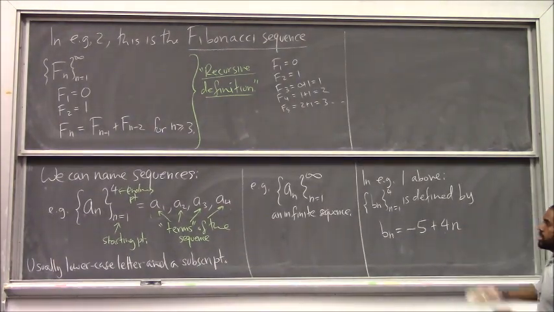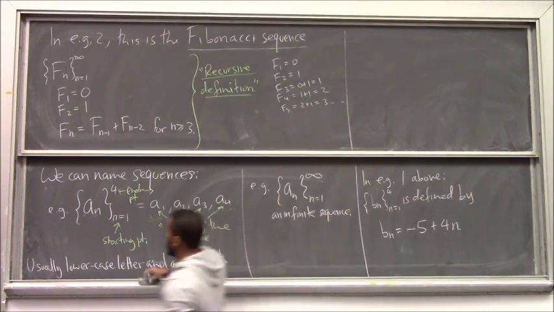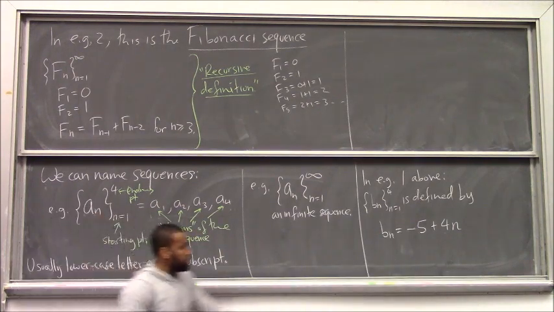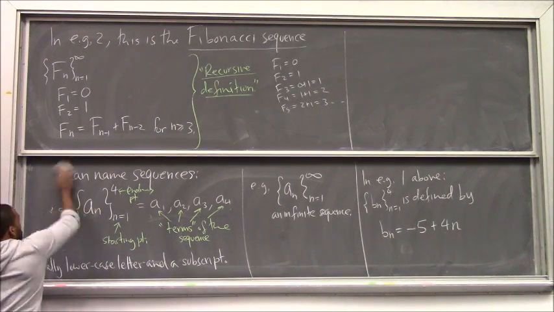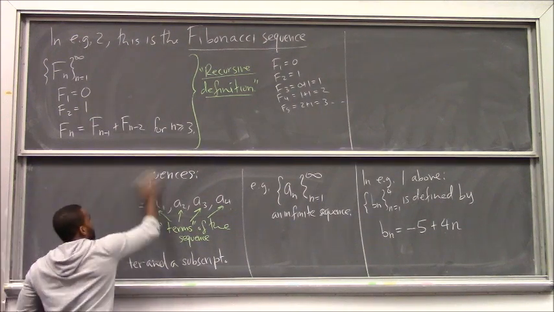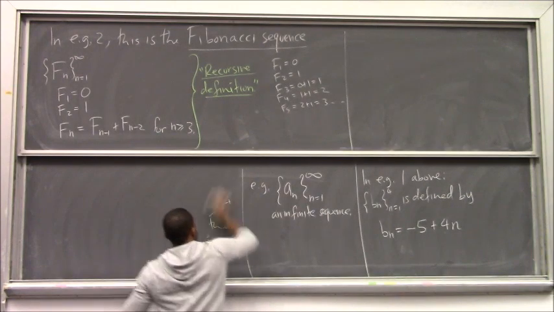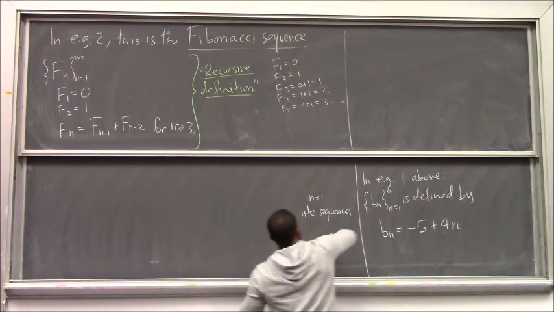So a sequence is a list in a definite order, and we can name them, and we can define them via formulas, or via recursive definitions, or pretty much via any rule that you can define a function with. So let's talk about sequences as functions.